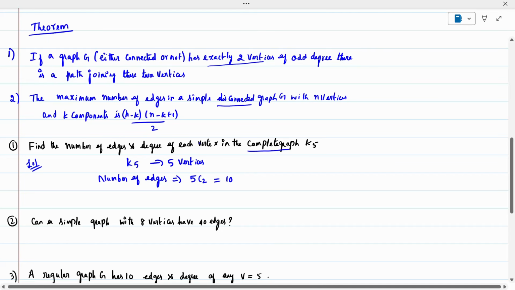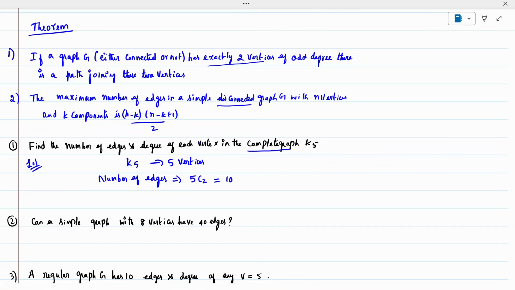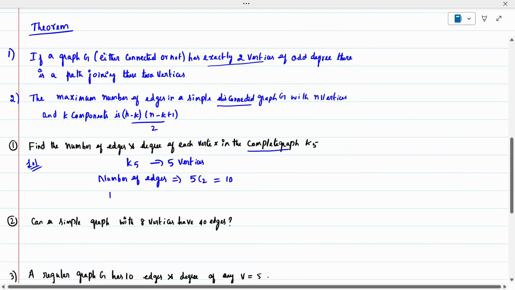The degree of each vertex is calculated as 5 minus 1, which is 4. So completed.